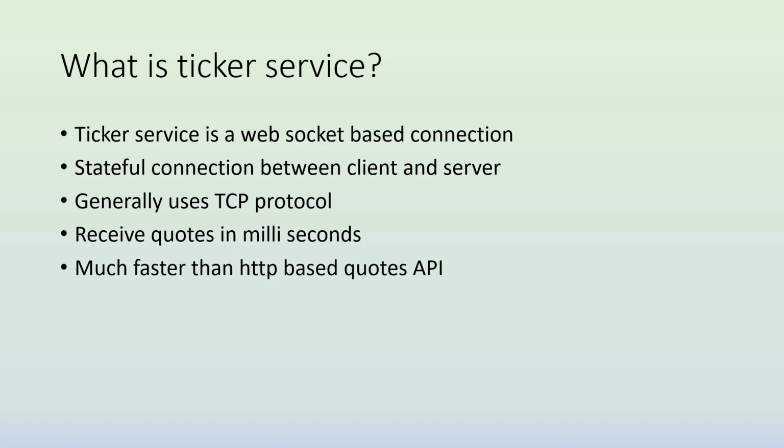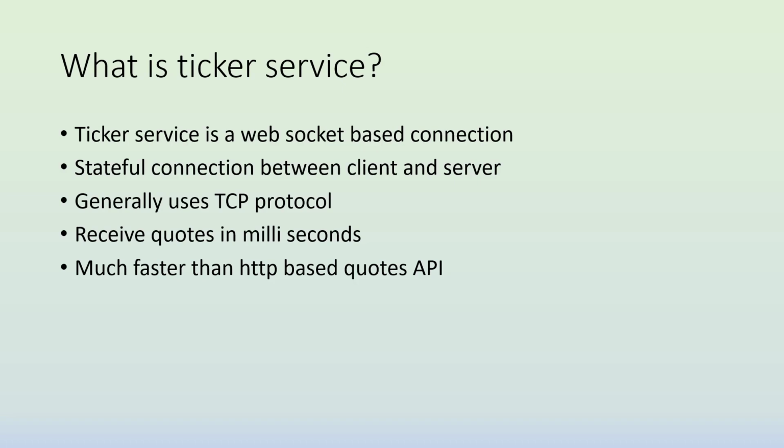But here the broker itself provides functionality to reconnect the ticker service, so you don't need to do it on your own. The ticker connection reconnects, let's say, a maximum of 50 times. After a maximum of 50 attempts, if it still fails, then the broker closes the connection. In that case, you need to start the ticker service from the beginning.